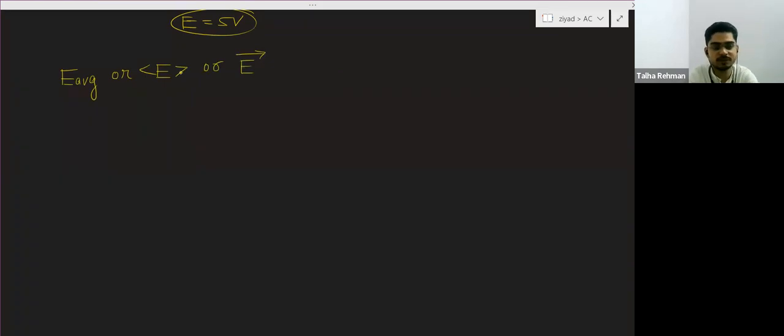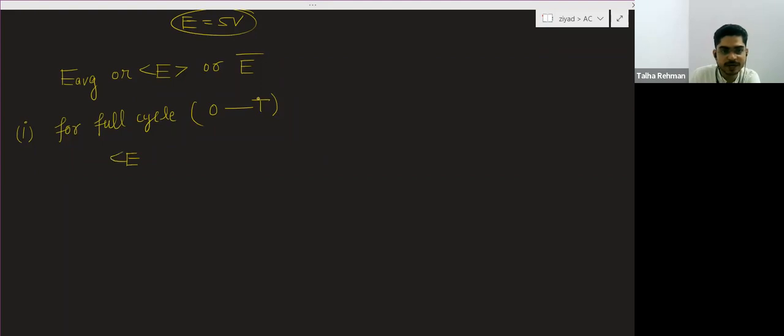E bar. If I am talking about the average value for full cycle, what is the meaning of full cycle? 0 to capital T. What is capital T? Time period. So average value for full cycle you can write in any way is equal to 0.